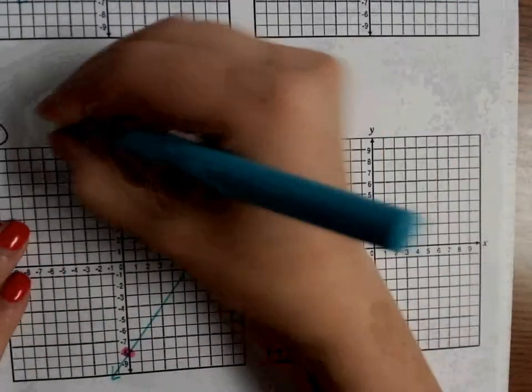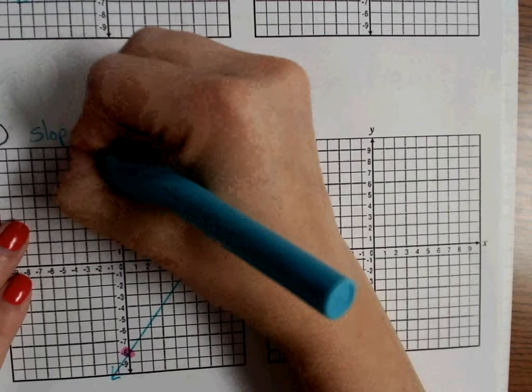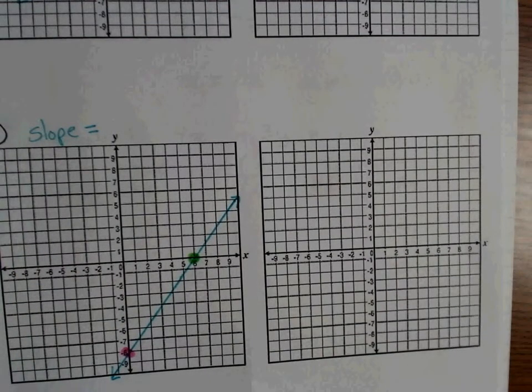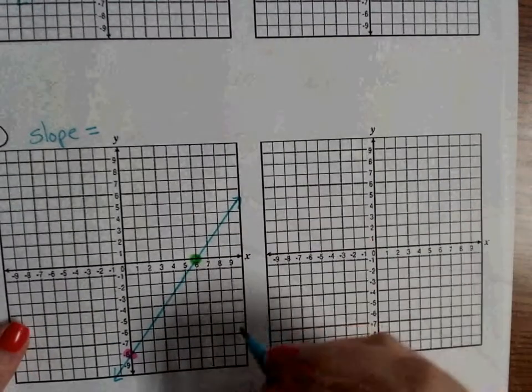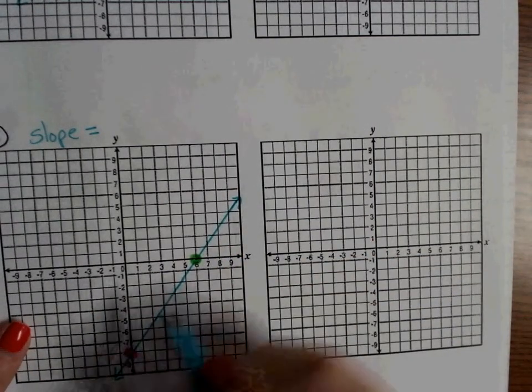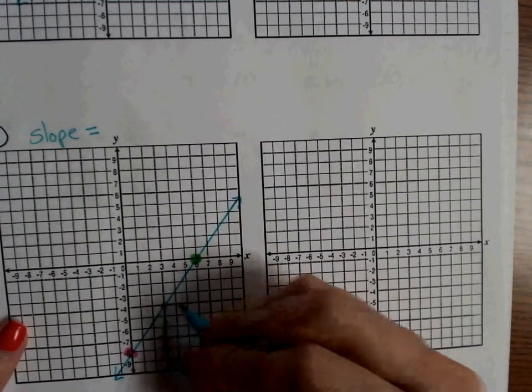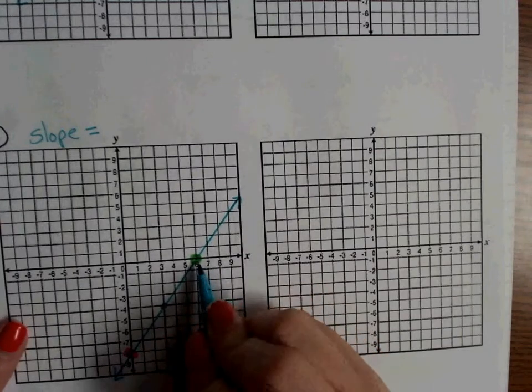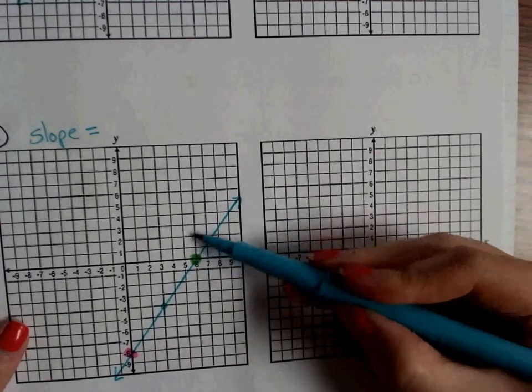All right, once I've got it graphed, identifying the slope, the first thing I should identify, is it positive or negative? Positive. Who can tell me what's the slope going to be? Colin? 4 over 3. Very good. You would rise by 4 and run by 3. It would take you to the next point on the graph. Rise 4, run 3 takes you to another point on the graph.